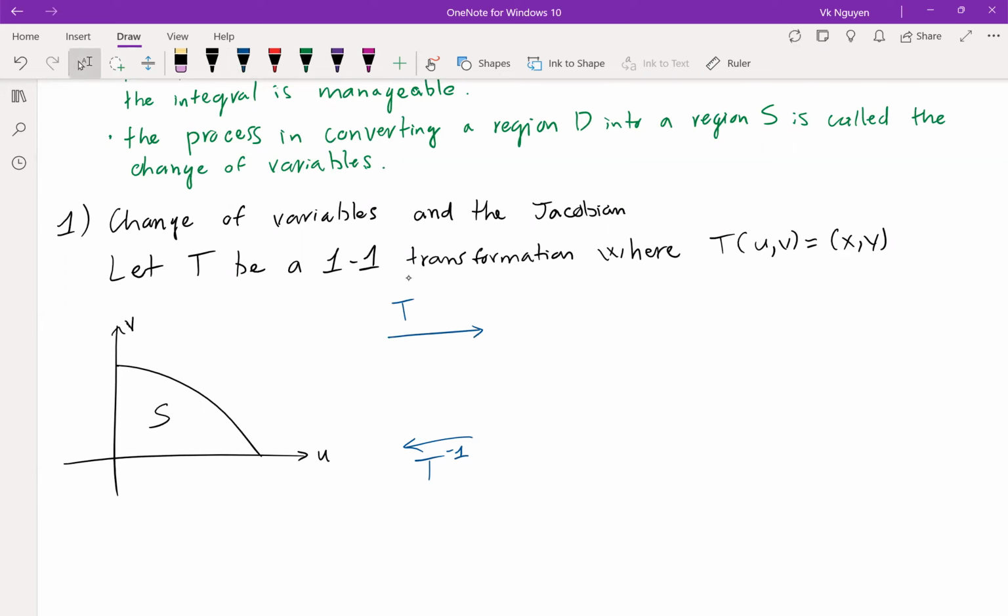Right here is going to be your region in x,y.